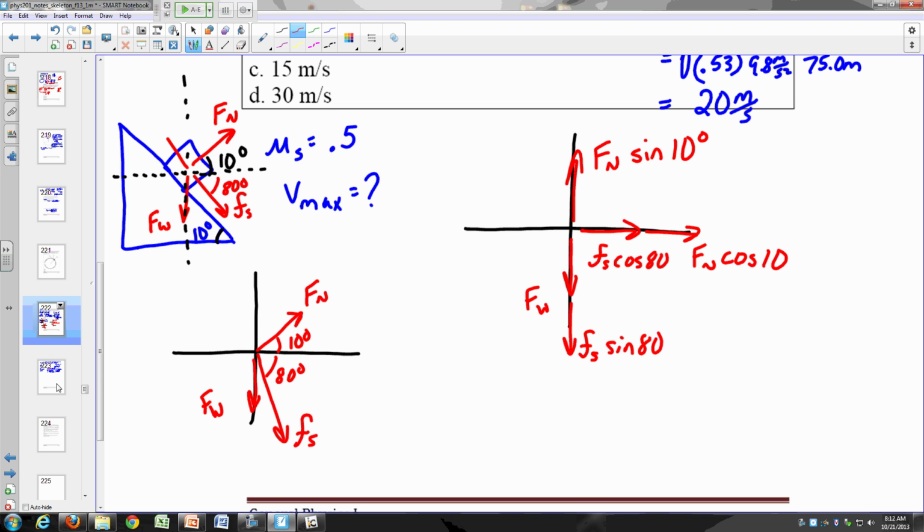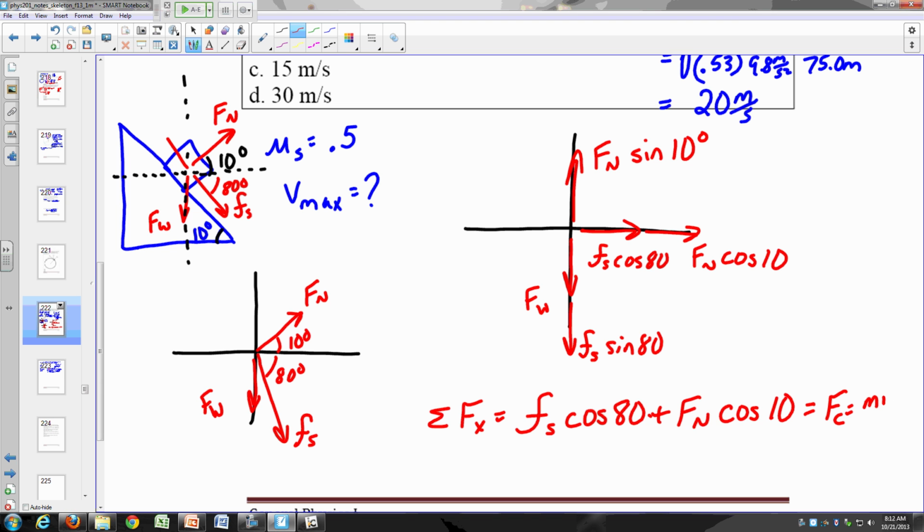All right. So in this case, my centripetal force is given by the sum of the forces in the x direction. So the sum of the forces in the x direction is going to be Fs cosine of 80 plus Fn cosine of 10, and that's going to equal my centripetal force, which equals mv squared over r.